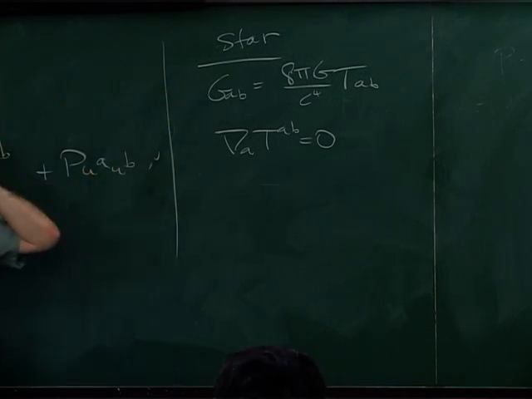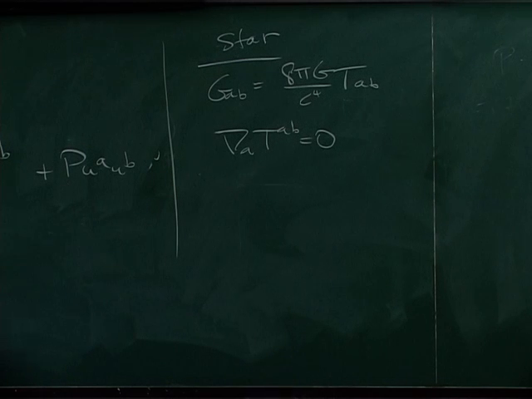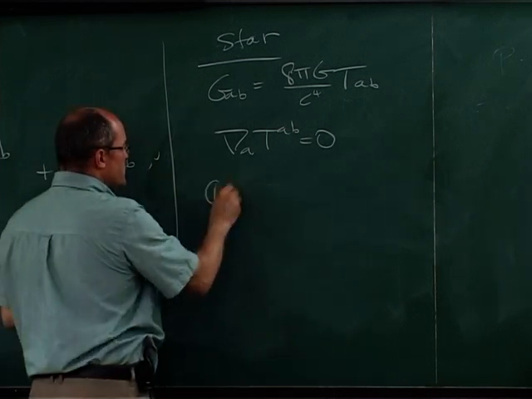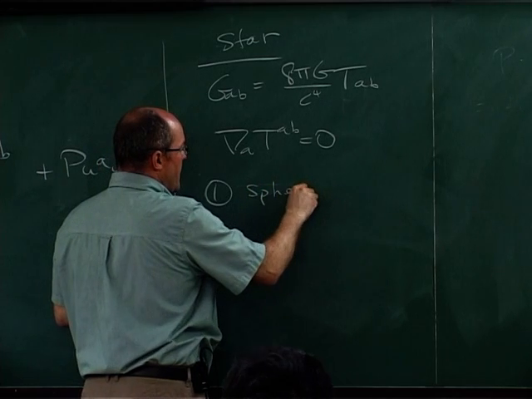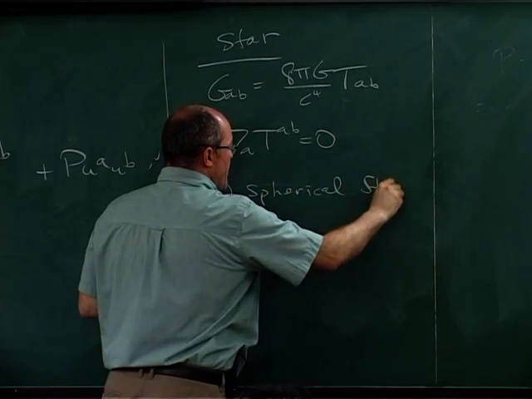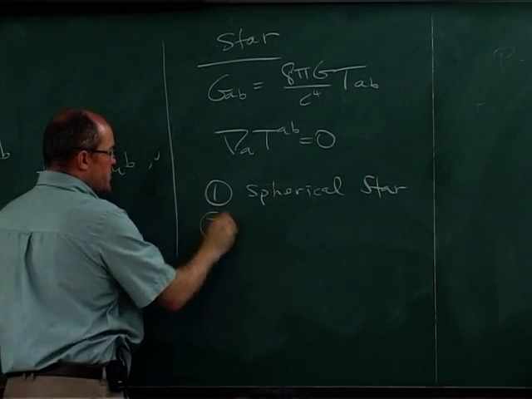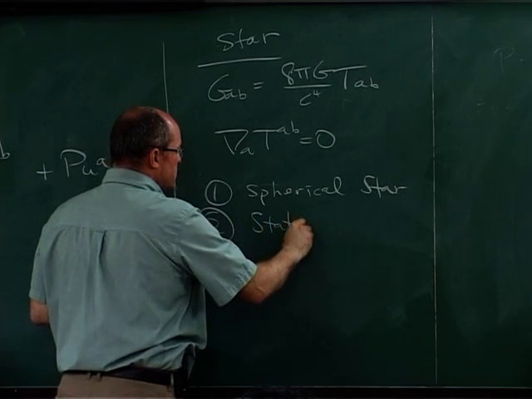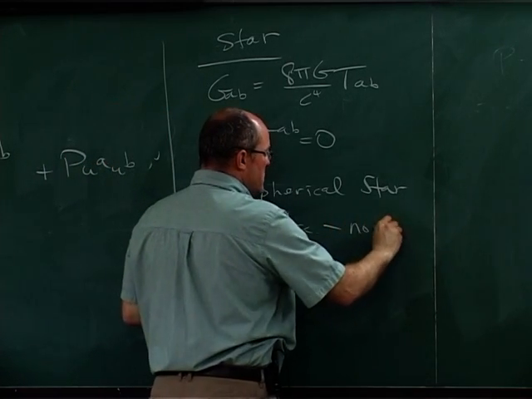Now when I build a star, I'm going to make a lot of simplifications. I'm going to assume that I have a spherical star. I'm going to assume that it's static. That means no time dependence at all.